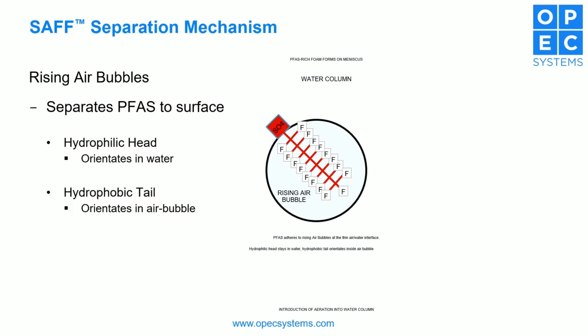When the PFAS molecule attaches itself to a rising air bubble, the air-water interface, the rising air bubble carries all the PFAS molecules out of the water column up to the surface, the meniscus, forms a foam, and we whisk it away. So it's quite a simple process, but there's a very tricky art to get that right, to make sure that the primary fractionation process removes the PFAS to below your adopted criteria.